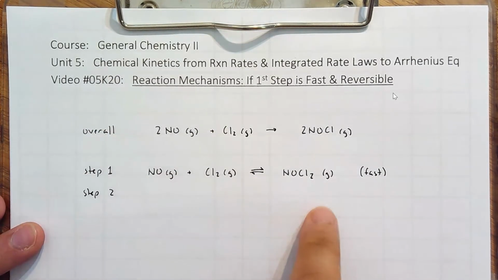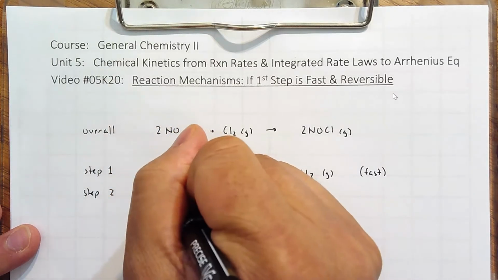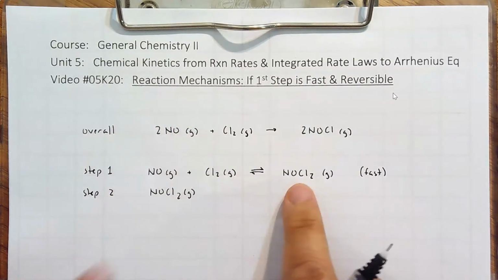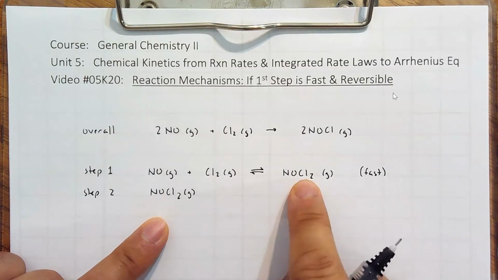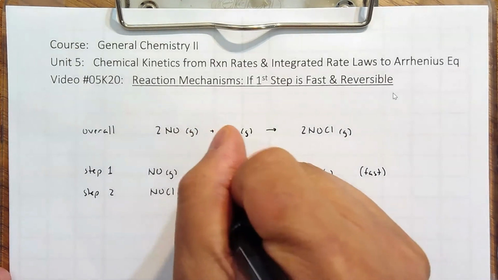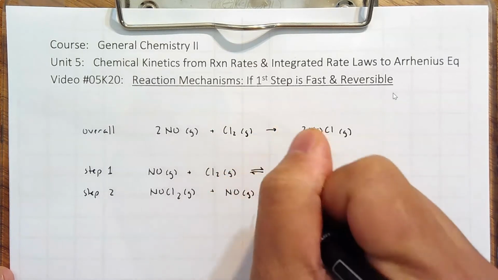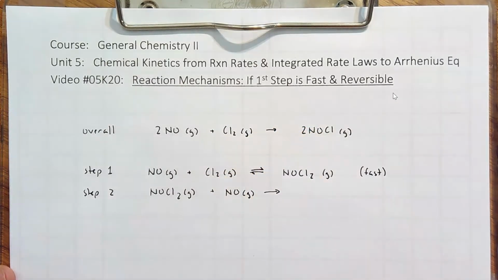Step 2, we're going to take this NOCl2. Do you remember what that's called? The molecule that shows up in an earlier step, produced and then later consumed? That is called the intermediate. And then we have one arrow this way.